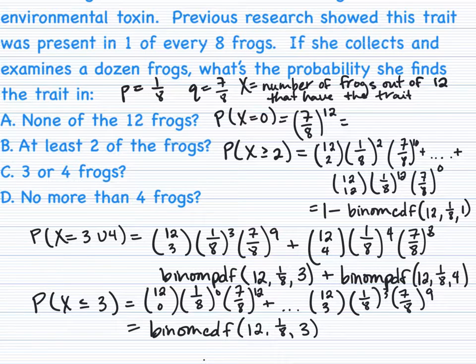Right here, this is acceptable for indicating that we're looking at anywhere from 0 up till 3. Same thing here, anywhere from 2 up until 12, so that plus indicates that you're including everything in between there. Okay, so that was that one.